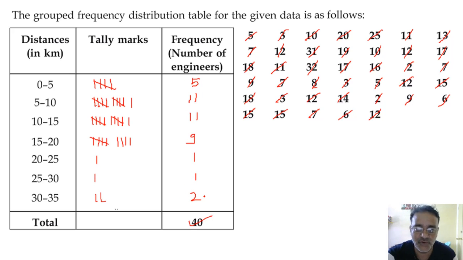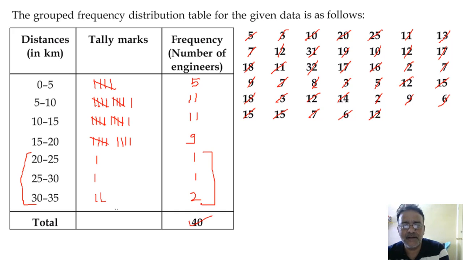What main features do you observe here? You can write any observation. See, the distance of office from their residence is very large for very few engineers: those who are staying more than 20 kilometers from their place of work, only 4 members are there.